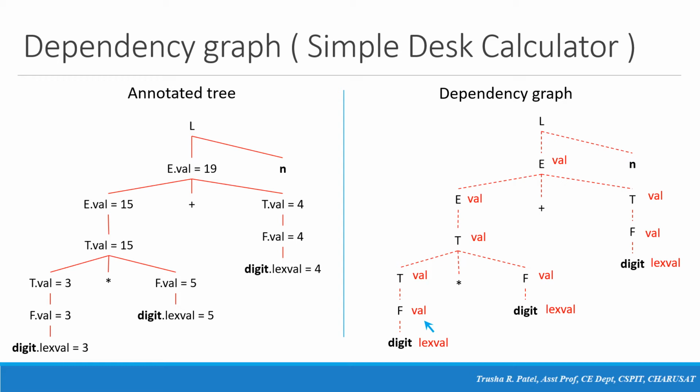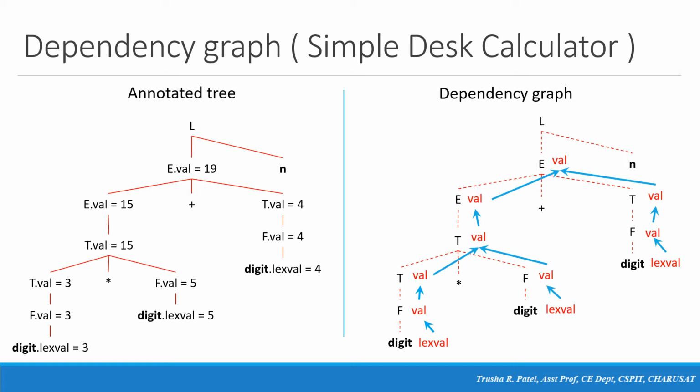So there is an arrow from digit.lexval to F.value. Now T.value depends on F.value. E.value depends on T.value, and also E.value depends on E.value and T.value.